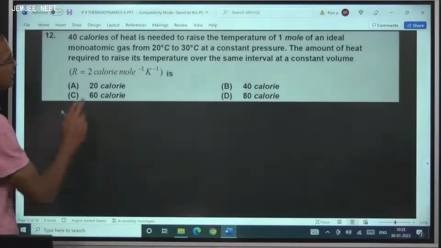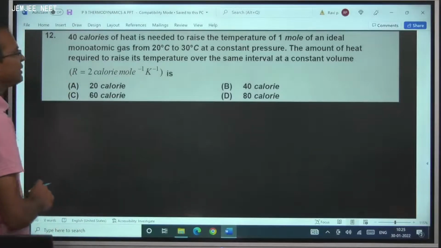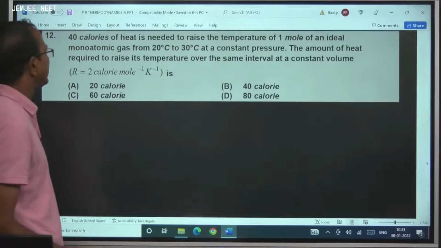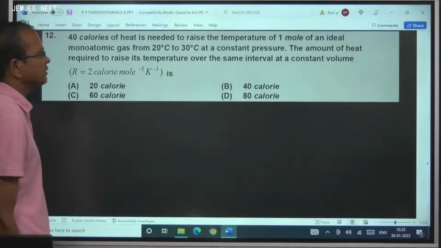Now come to our case. 40 calorie of heat is needed to raise the temperature of 1 mole of ideal monoatomic gas from 20 to 30 at constant pressure.